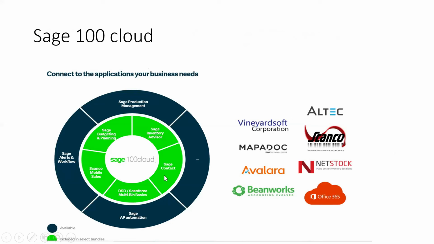So there's things that are included in certain bundles, such as the Sage Inventory Advisor, Sage Contact, DSD/ScanForce Multi-Bin Basics, ScanCo Mobile Sales, and Sage Budget and Planning. And then also available to add is Sage Production Management, Sage Alerts and Workflow, and Sage AP Automation that's powered by Beanworks.